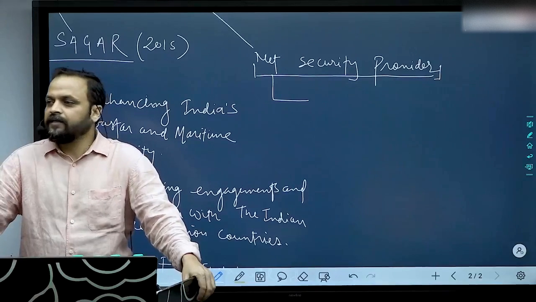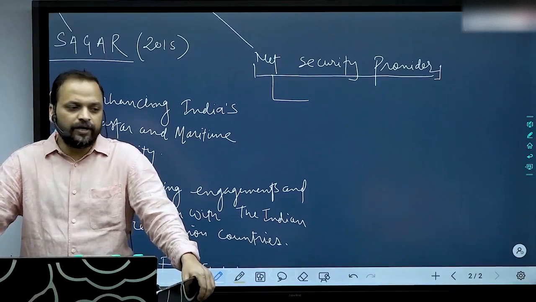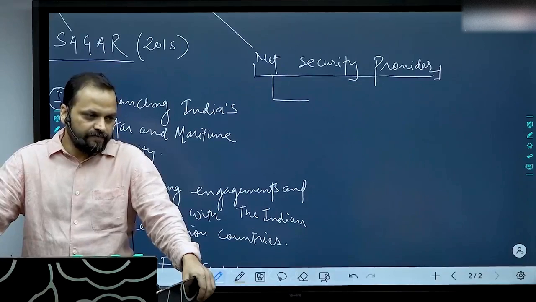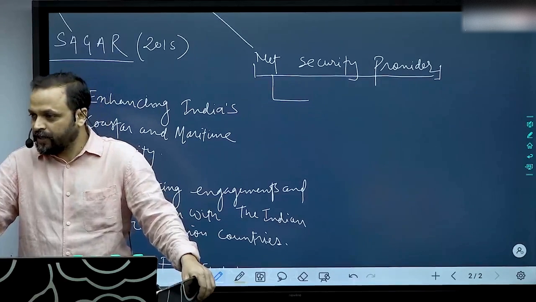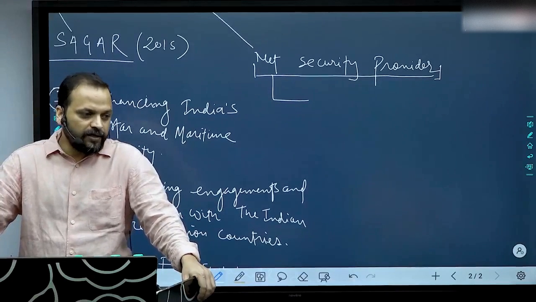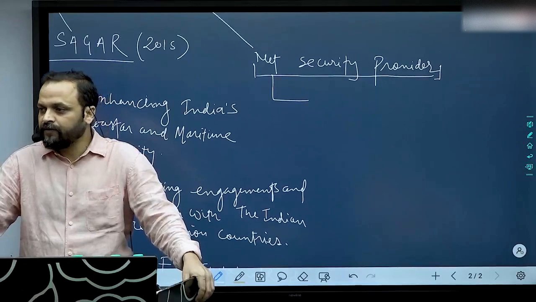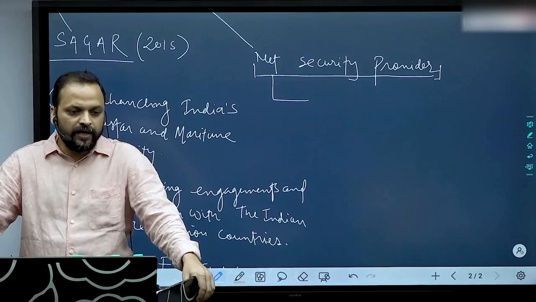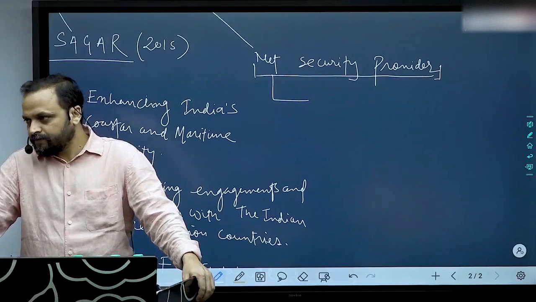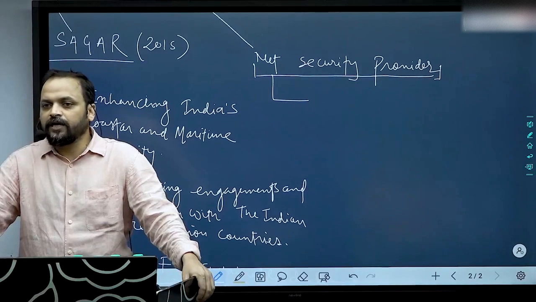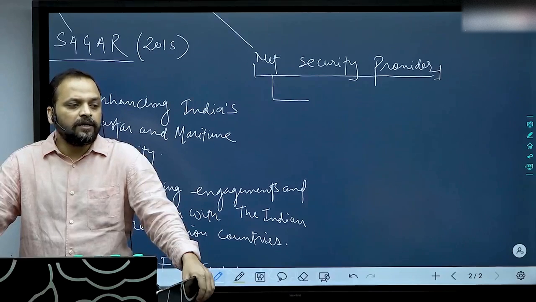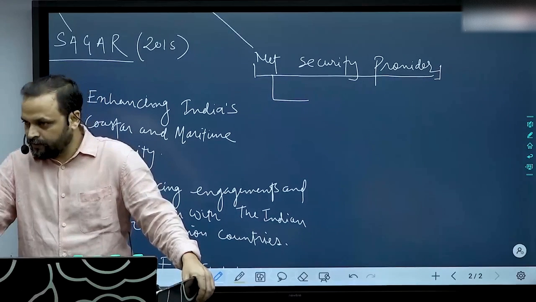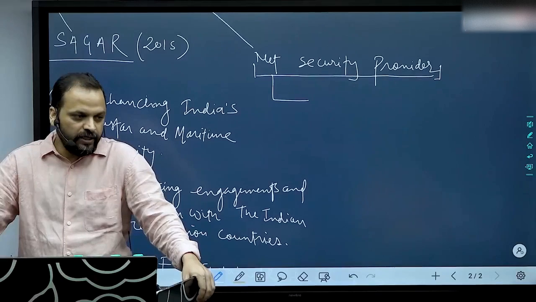Secondly, assessing the availability of security options in the region. What security options are available? Which are the important countries? What capabilities do they have? Our own assessment, what capabilities do we have? And then making a judgment on what kind of role, what kind of support we can provide to the region.